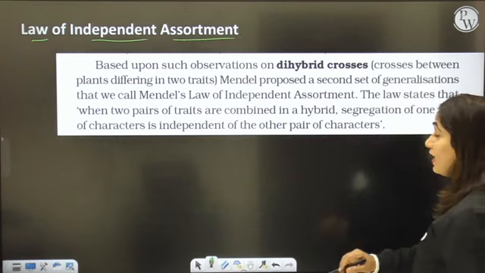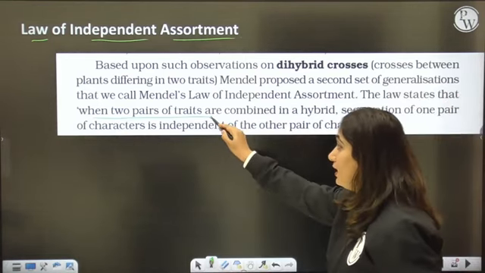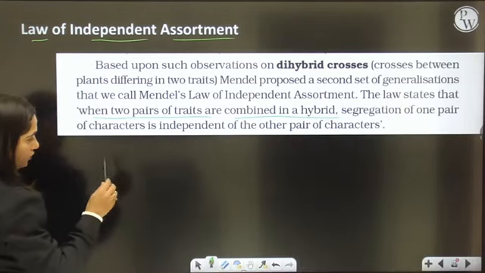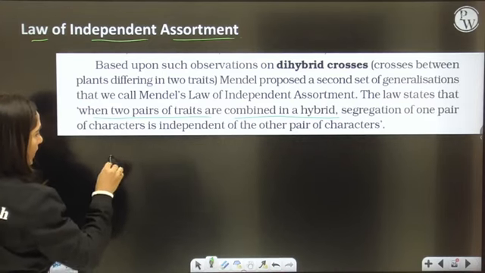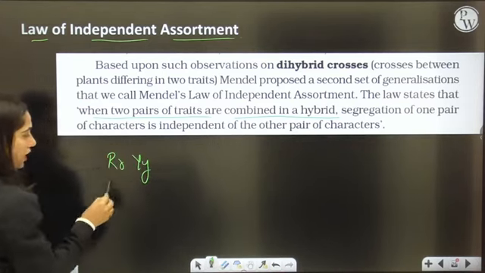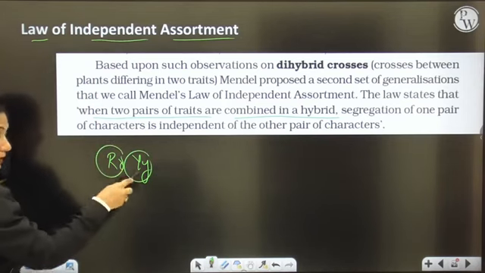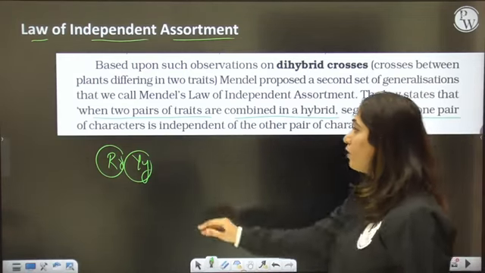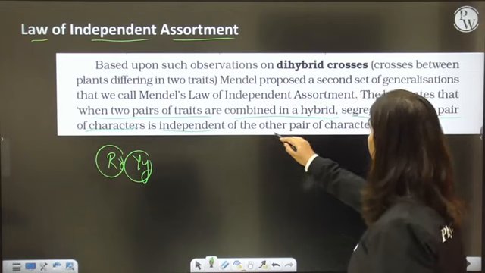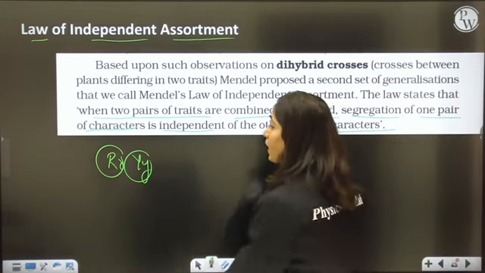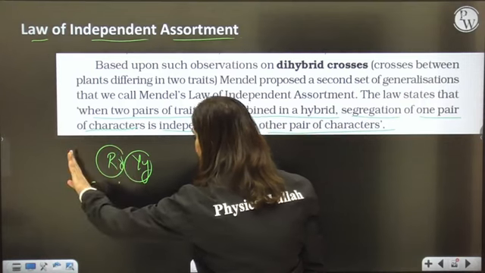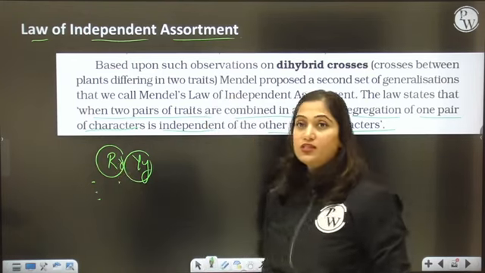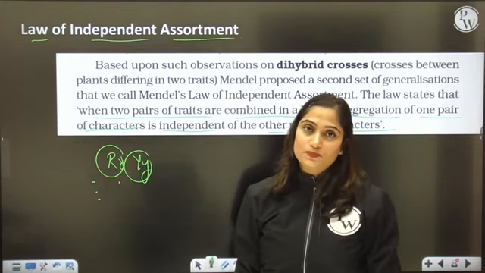It says that when 2 pairs of traits are combined in a hybrid, then segregation of 1 pair of characters is independent of the other pair of characters. That means 1 pair will segregate independently of the other pair. They will not interfere or influence each other in the segregation pattern.